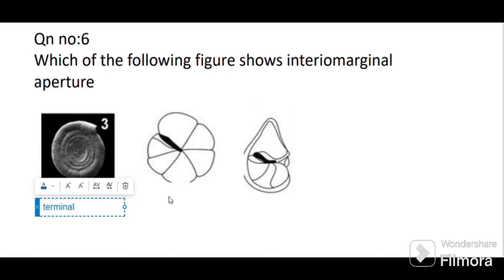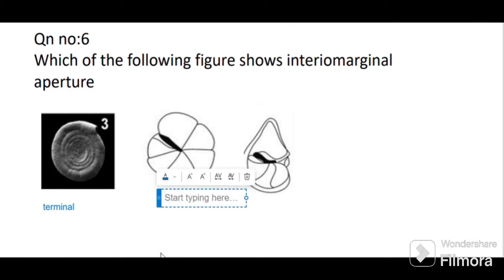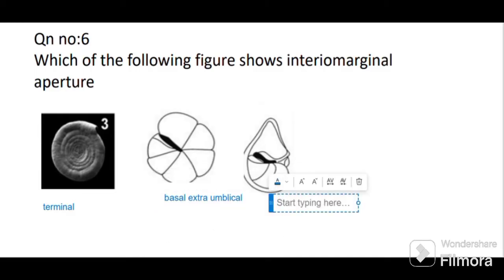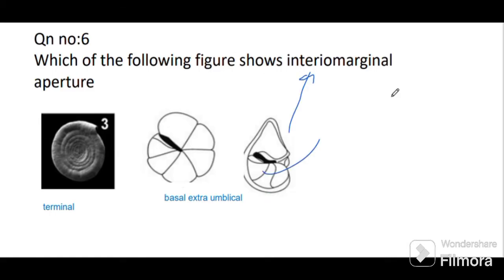The second one shows the basal extra-umbilical position of aperture. And the third figure shows the interior marginal aperture, which can also be called basal interior marginal aperture. So the third option will be the right answer.